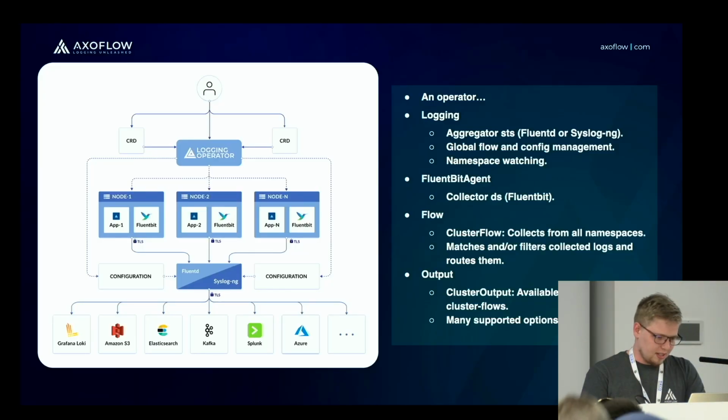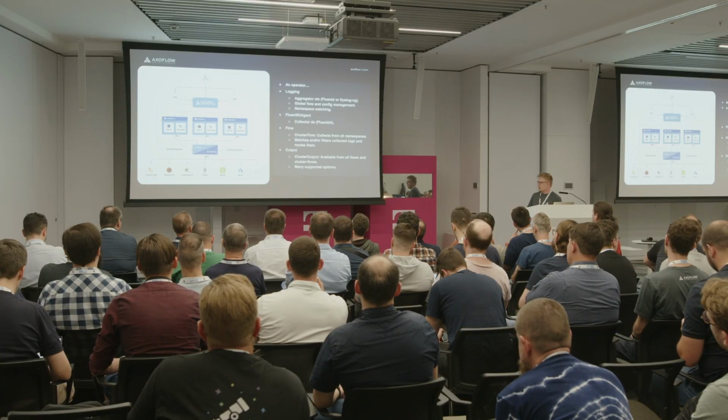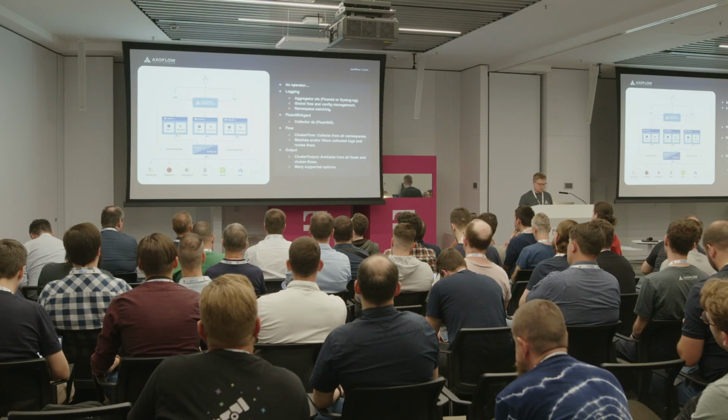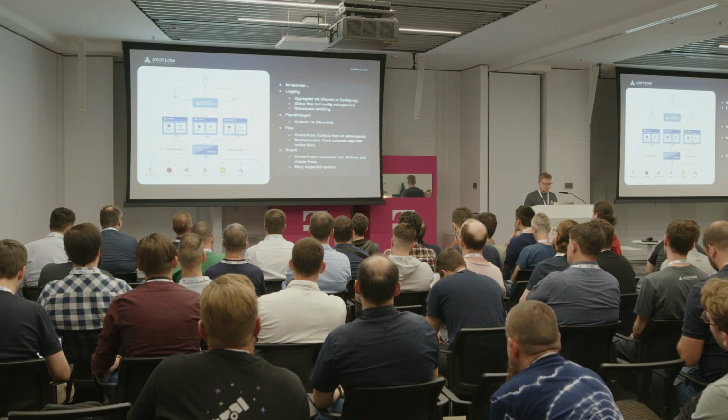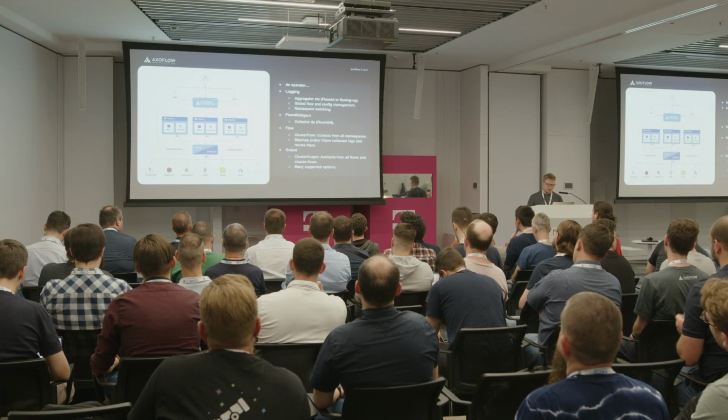It is an operator, obviously, and it works the following way. You define a logging custom resource, which basically configures your log aggregator, which can either be Fluentd or syslog-ng. It also has some settings for global flow control, namespace watching, and configuration management.